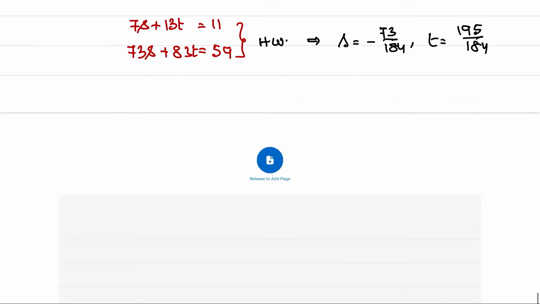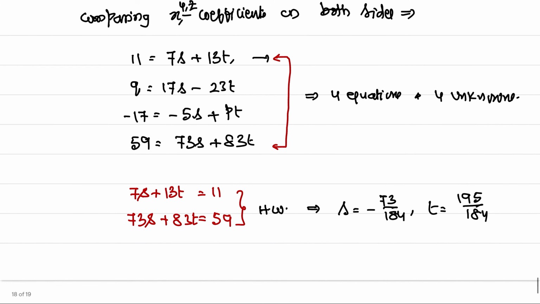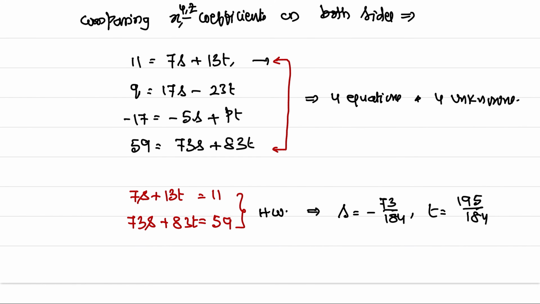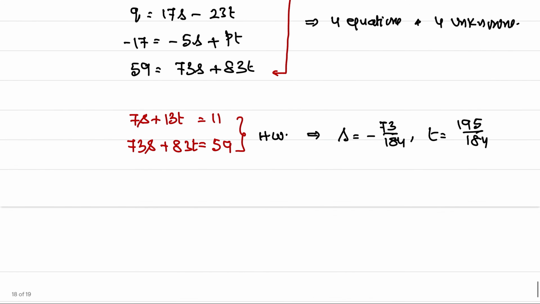Once we have got the S and T values, by substituting them in Q is equal to 17s minus 23t and minus 17 is equal to minus 5s plus pt, we can find out the values of Q and P. Q is equal to 17s minus 23t.